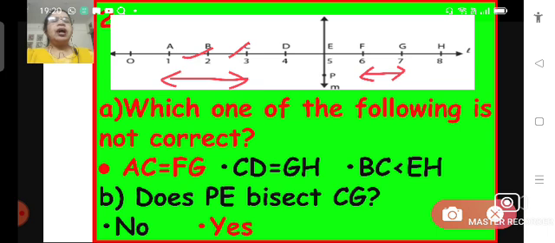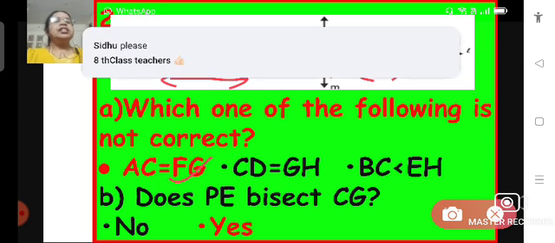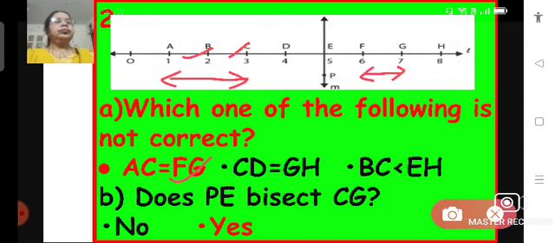So AC and FG are not equal. This is an incorrect statement. CD is equal to GH is correct, and BC is less than EH. This is also a correct statement. So the wrong statement is the first one.